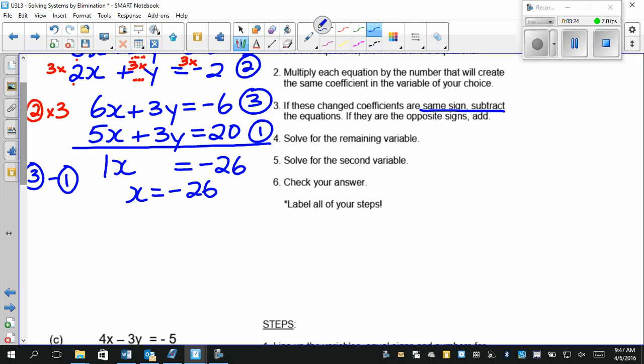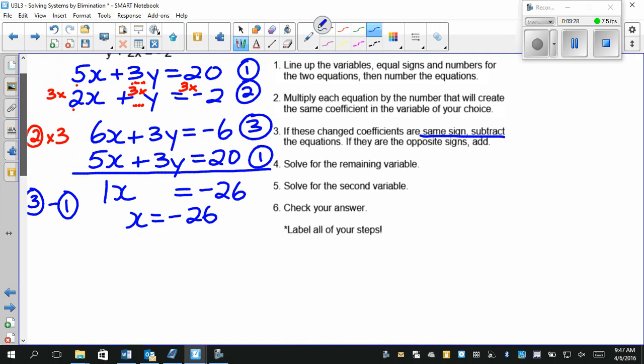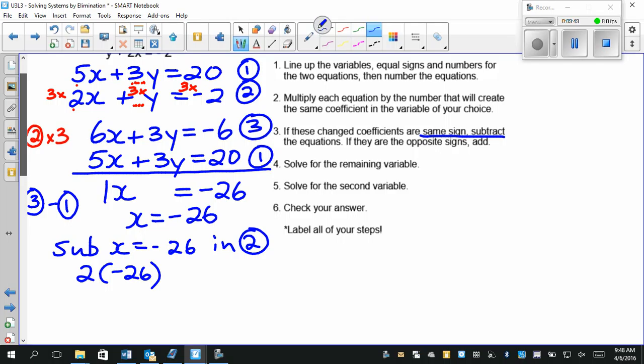Then I need to sub that back into one of the original equations. I'm going to substitute into equation 2. So sub x equals negative 26 in 2. So when I do that, I'm going to get 2 times negative 26 plus y equals negative 2.